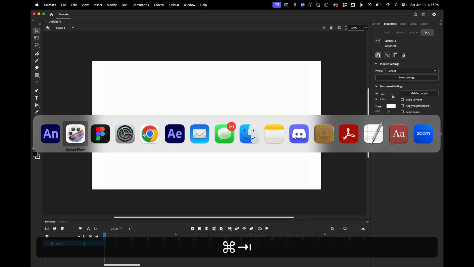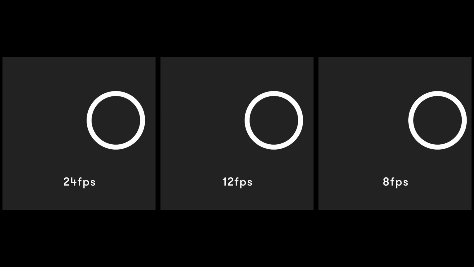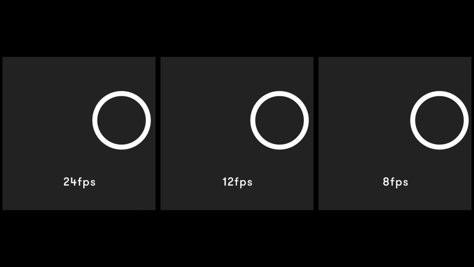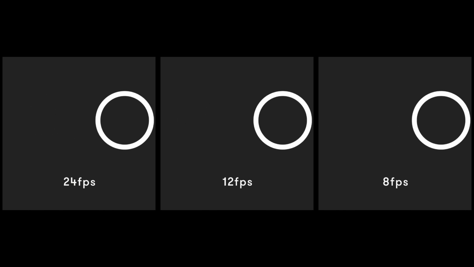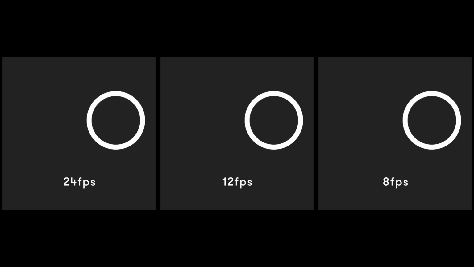Okay, so let's talk about frame rate for a second. So I have a little example here that I will bring in. And here we see the circle oscillating back and forth. The one on the left is the smoothest, and that's at 24 frames per second. The one in the middle is 12 frames per second.